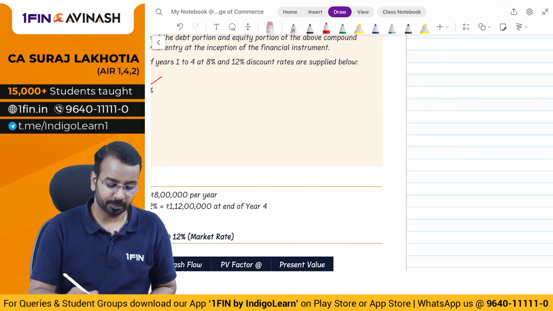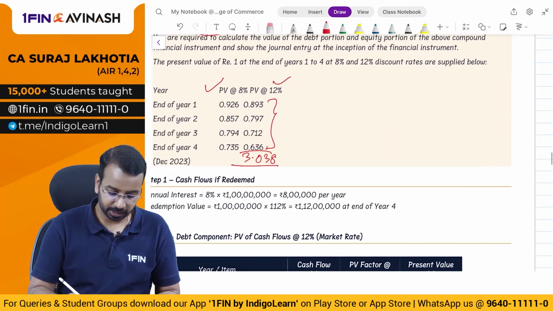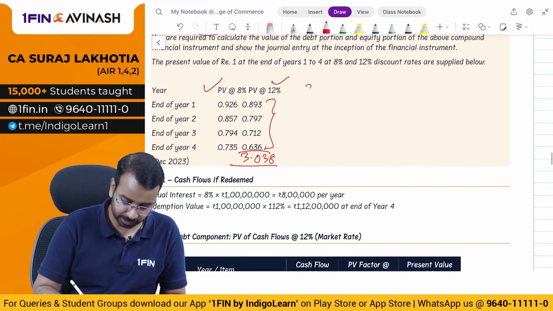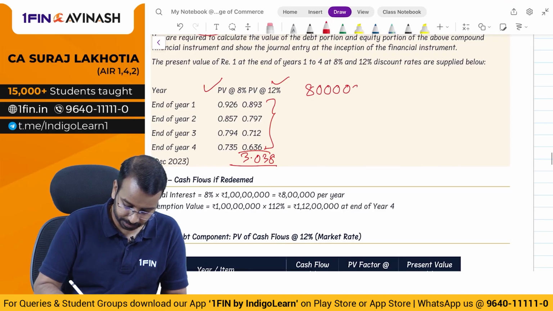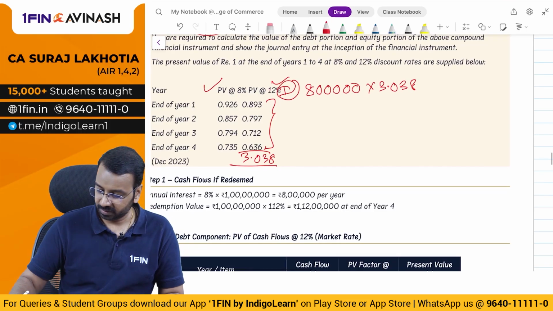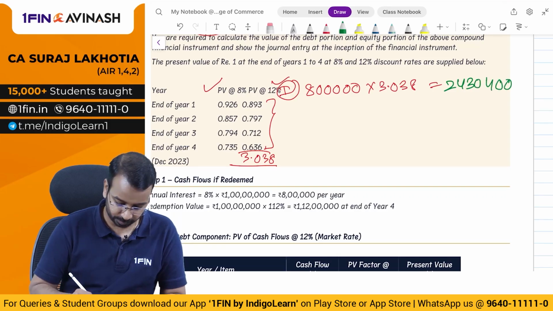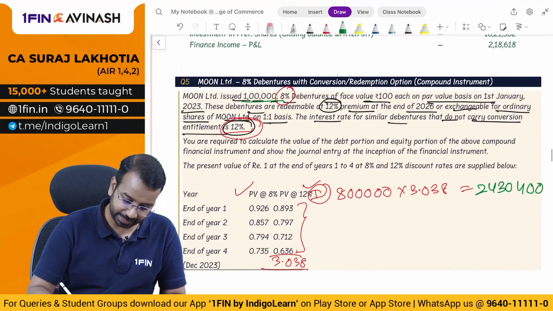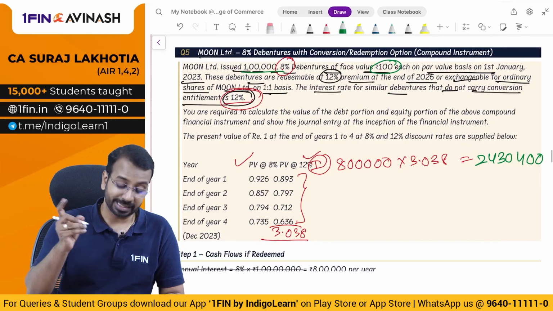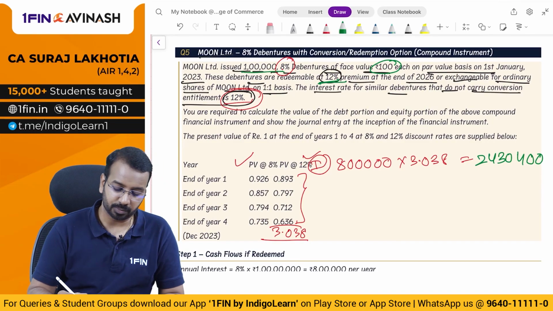So I am doing this part again. We get 3.038. So how much is the interest? 8 lakhs into 3.038 is equal to 2430400. Principal, how much is principal? 1 lakh into 100, 1 crore, but please remember redeemable at 12% premium.